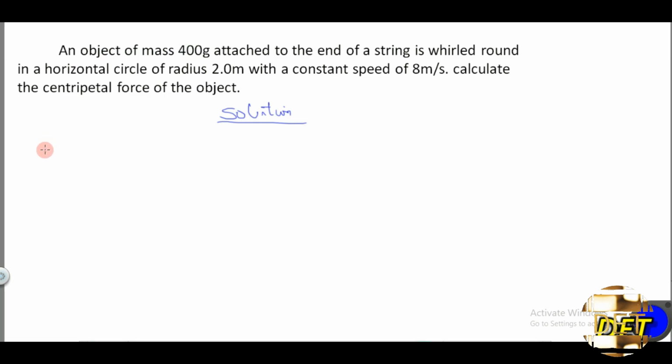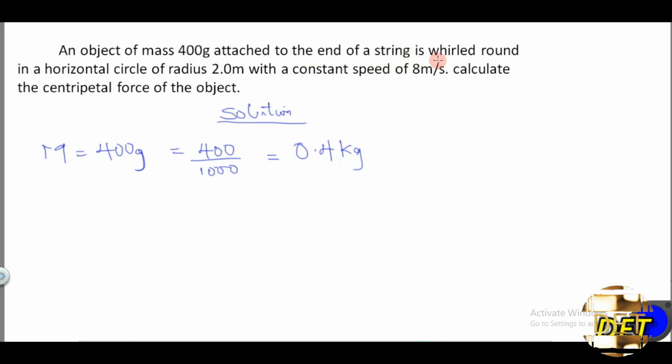So that tells us that the mass of the object is 400 grams. And remember, the unit for mass is kg, right? So this will be equal to 400 divided by 1000, and that will be equal to 0.4 kg. We'll have to convert it to the SI unit, right? 400 grams is 400 divided by 1000, which is 0.4 kg.